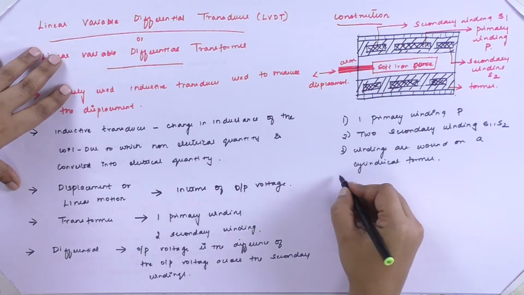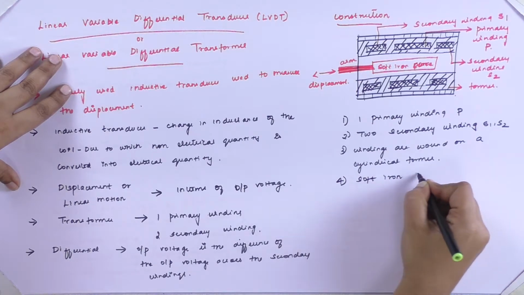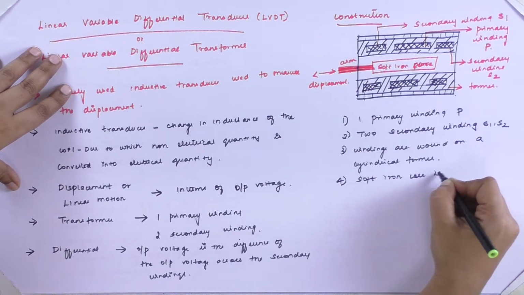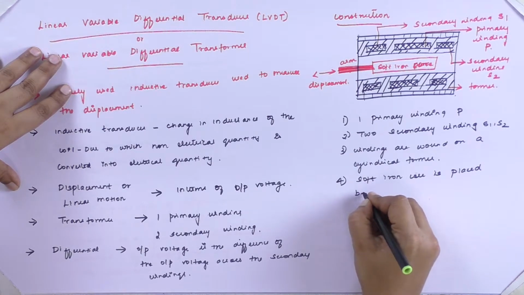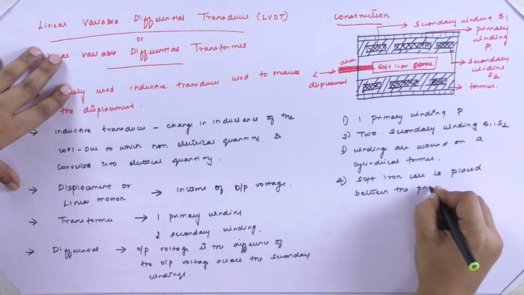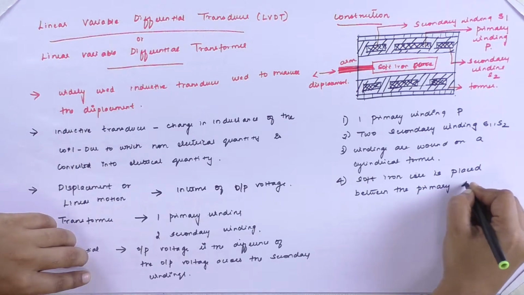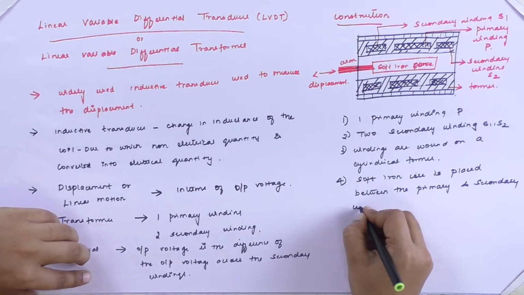So, the soft iron core is placed between the primary and secondary winding.